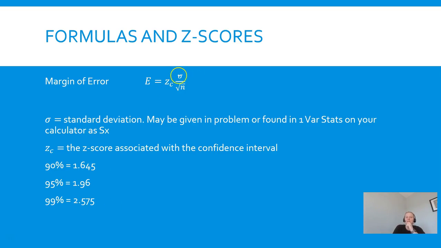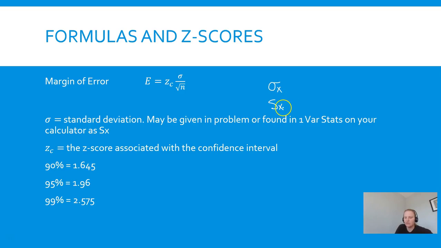Okay, sigma, which is this letter, remember that's standard deviation. It might be given to you in the problem, but if not, we're going to find it using 1-var stats on your calculator. Now, your calculator will give you two numbers for standard deviation. It will give you sigma x and it will give you sx. Sigma x is population standard deviation.